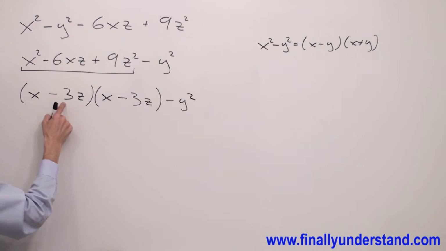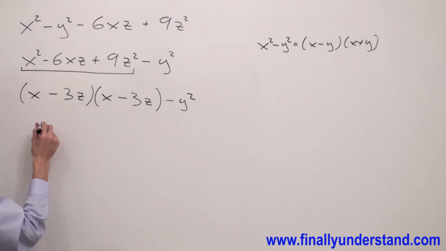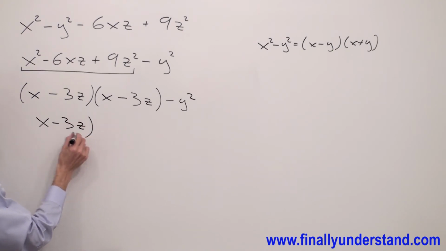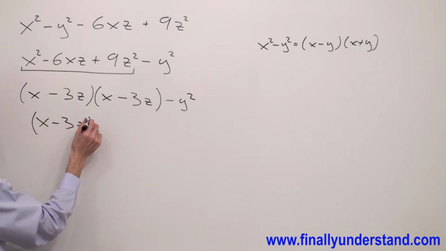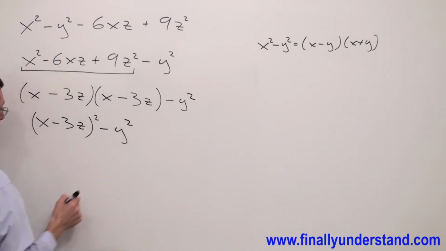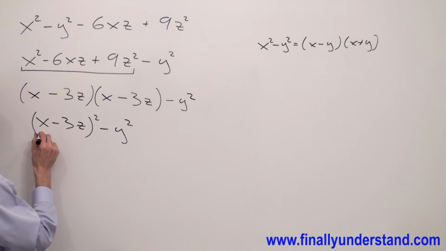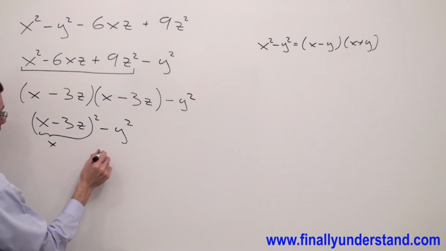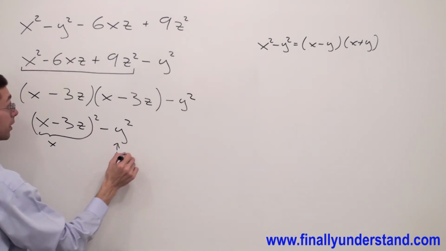X minus 3z times x minus 3z is nothing else, just x minus 3z to the second power, minus y to the second power. Now I have a difference of two perfect squares where this part is going to be my x and this is going to be my y.